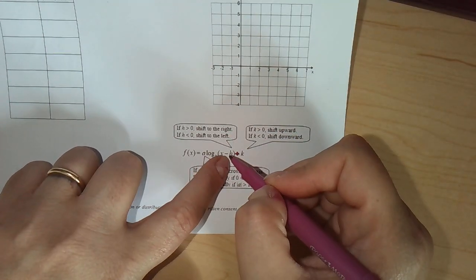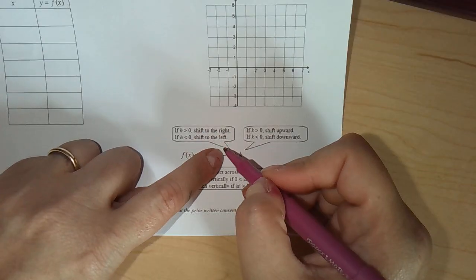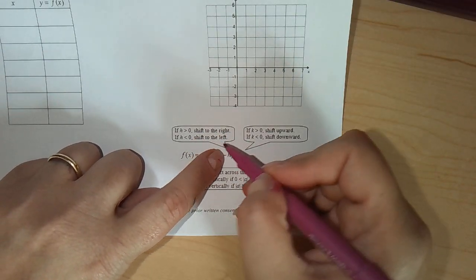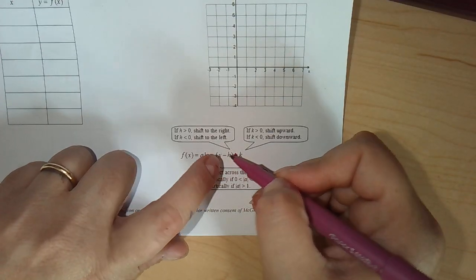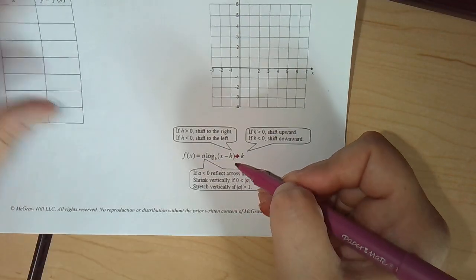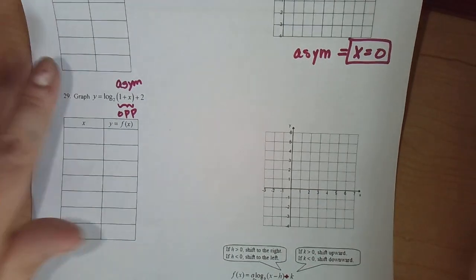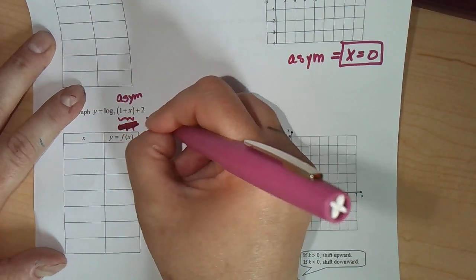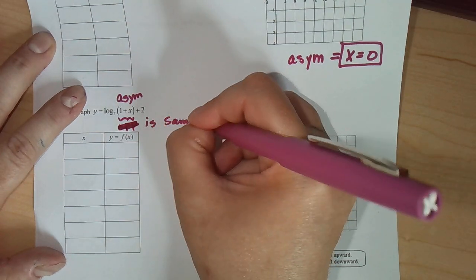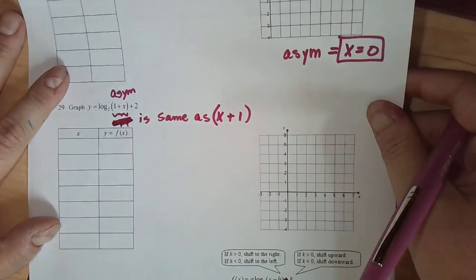But if I have a number inside, it moves us left or right. Okay, and it says x minus h. So we have to make it look like that form with the x first and then the number. So this says 1 plus x. This is the same as x plus 1.